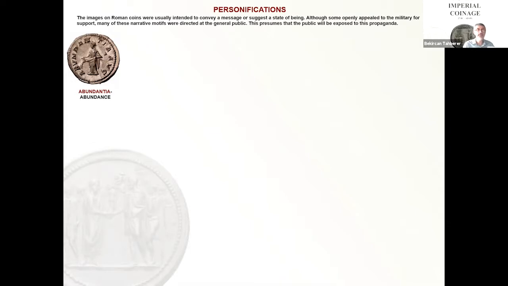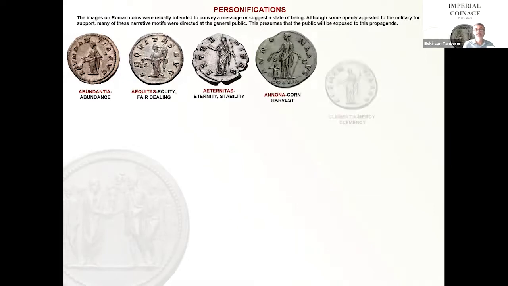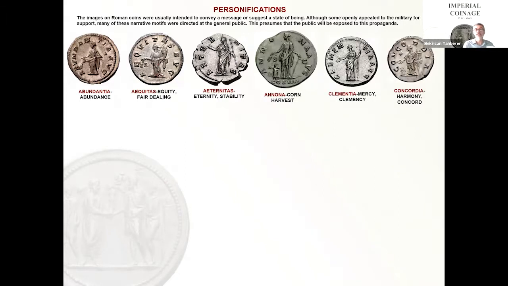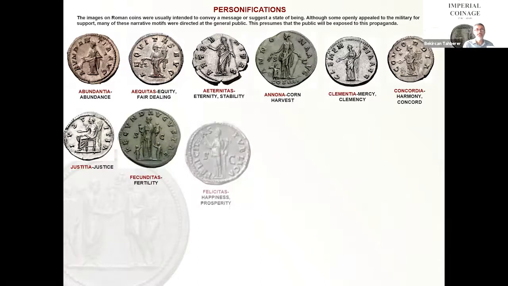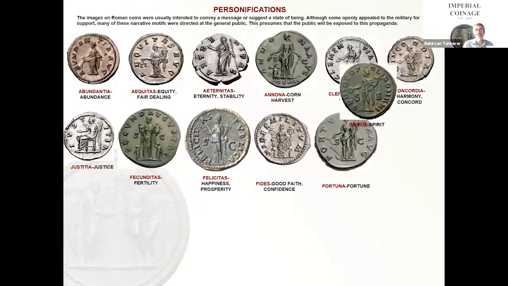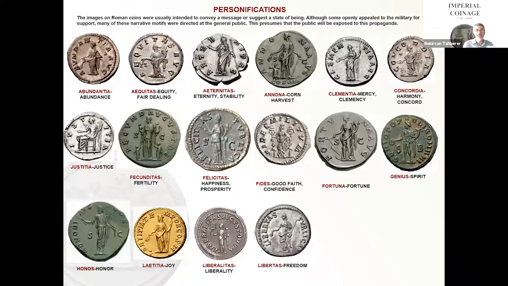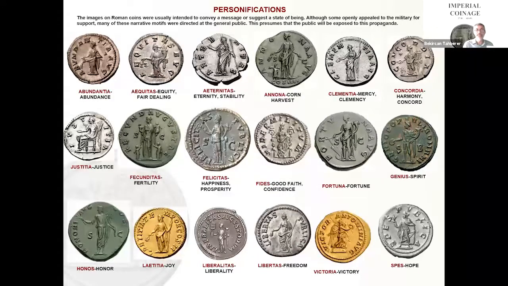Abundantia, abundance, and equitas, equity, aeternitas, annona, clementia, concordia, justitia, fecunditas, felicitas, fides, fortuna, genius, honos, laetitia, my favorite, liberalitas, libertas, victoria, and spes.